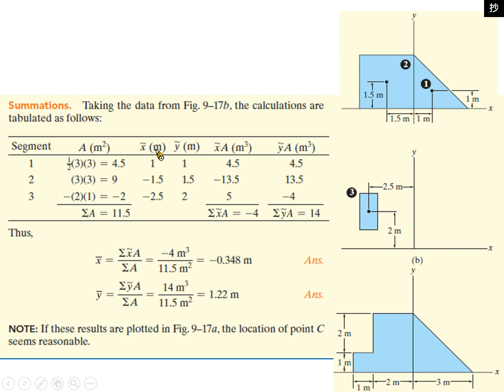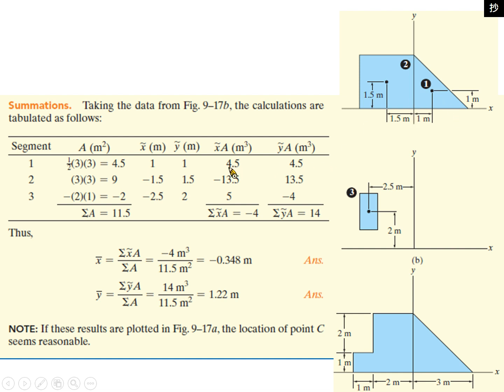Okay, then let's look at the centroid of area for segment 1. For the centroid, we see the reference: the x-axis is here, and the y-axis is here. So the lever arm to the x-axis, the distance is 1, and the same for the y-axis, the distance is also 1 because it is a right triangle.